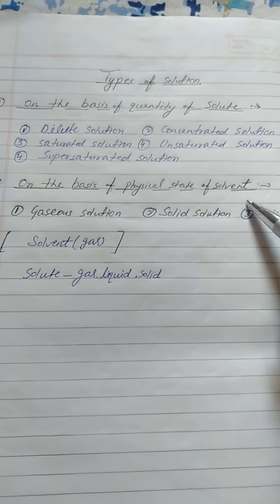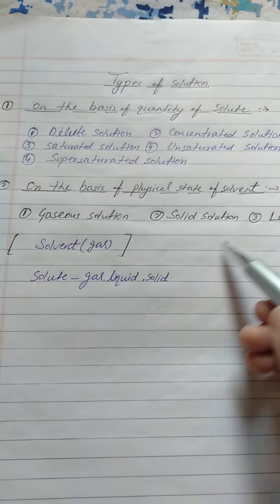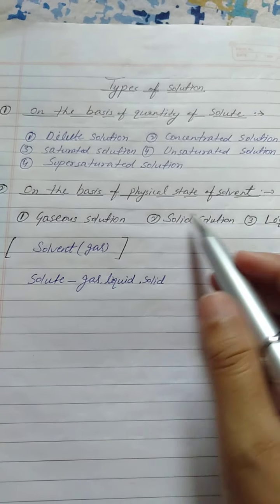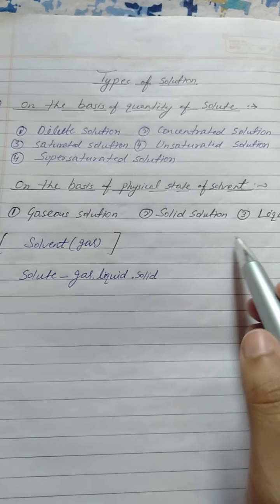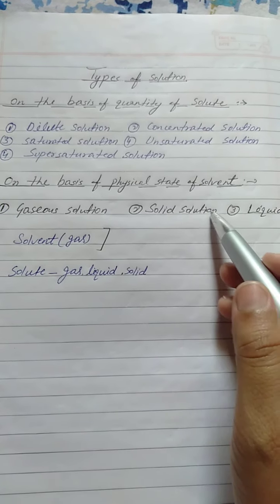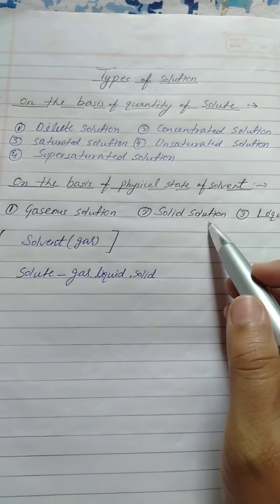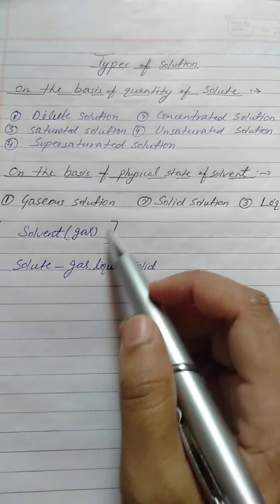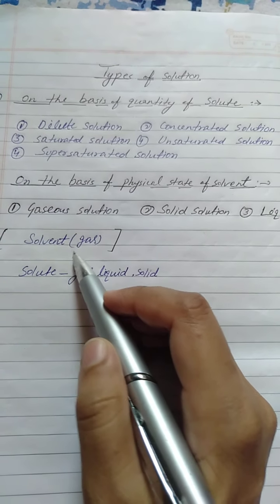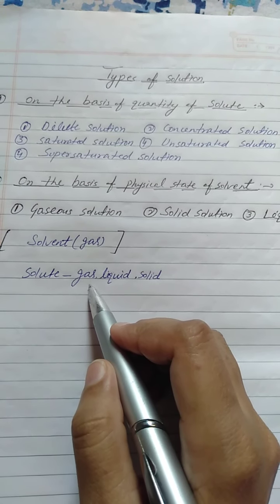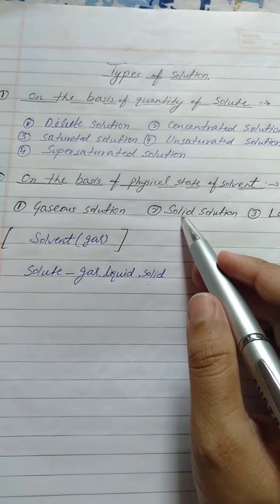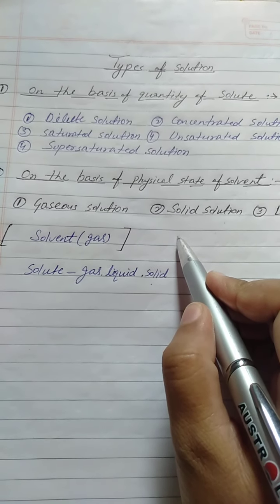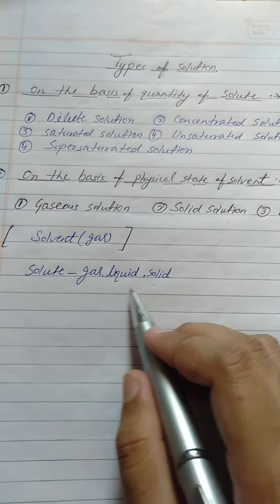Next, on the basis of physical state of solvent, we can categorize solutions when the solvent is gaseous, solid, or liquid: gaseous solutions, solid solutions, and liquid solutions. In gaseous solutions the solvent is gas, and the solute may be gas, liquid, or solid.